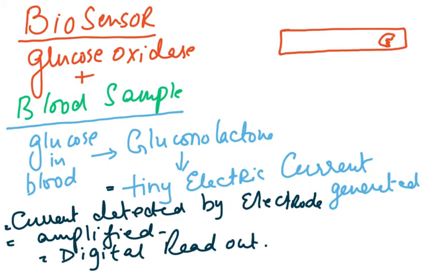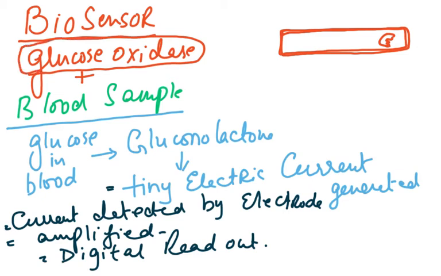Now the biosensor also has a test strip, which is going to have some enzymes fixed onto it. So this is again an example of immobilized enzymes, and this time you have the enzyme glucose oxidase present on the test strip.